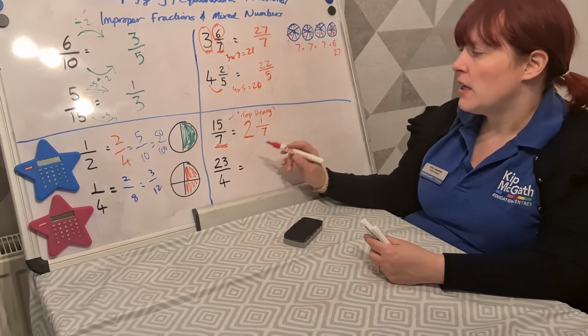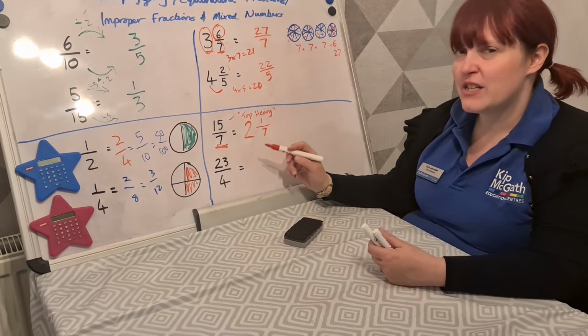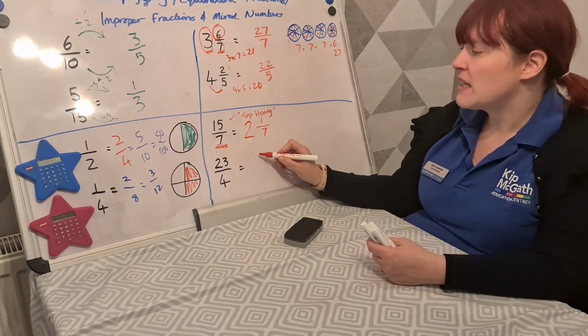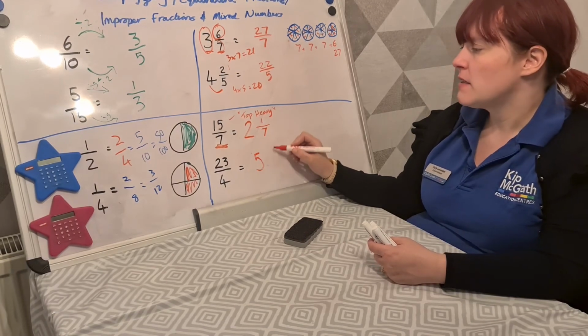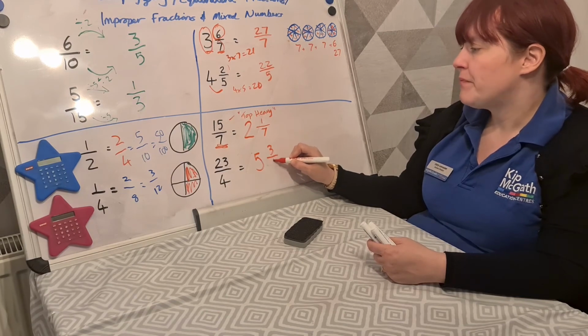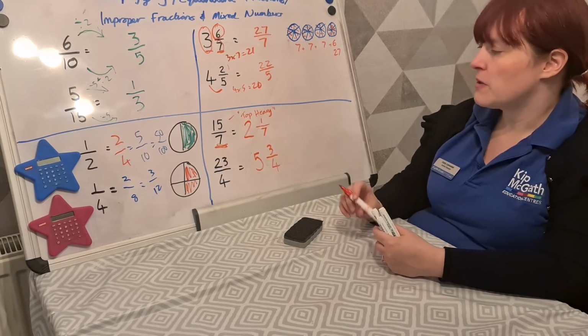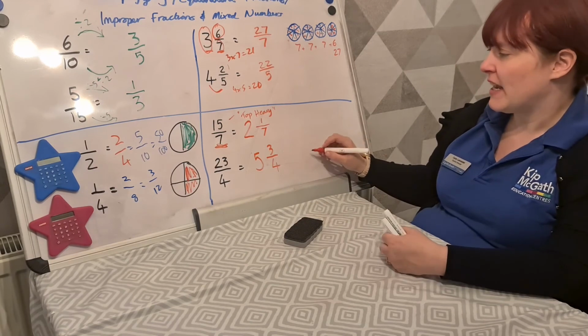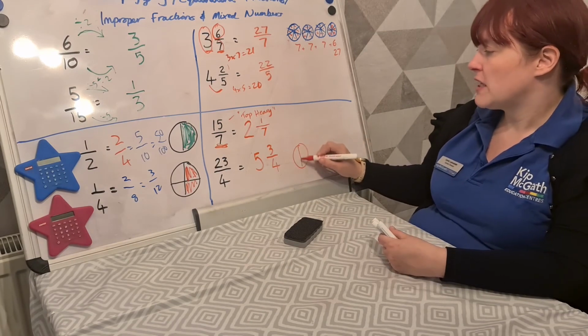23 over 4. How many times does 4 go into 23? Okay, so it goes in there 5 full times, remainder 3. And that's how we would do that. And then we could draw our pictures to check it. So say I wanted to draw this one.